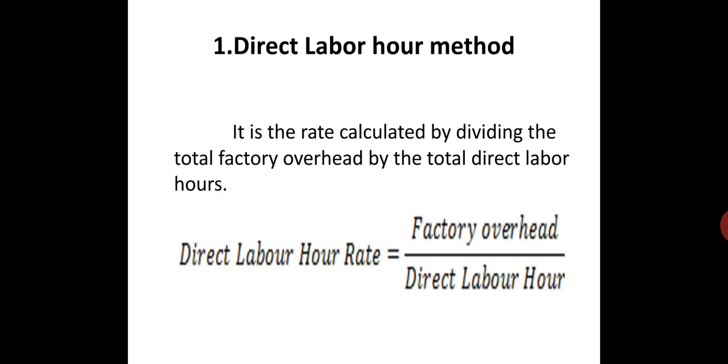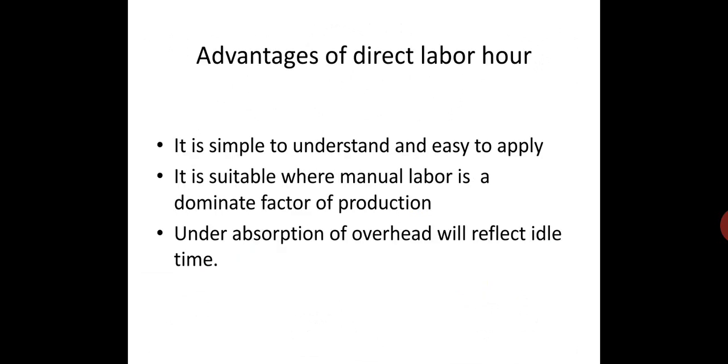The first method is the direct labor hour method. It is the rate calculated by dividing the total factory overhead by the total direct labor hours. So direct labor hour rate is equal to factory overhead divided by direct labor hours.